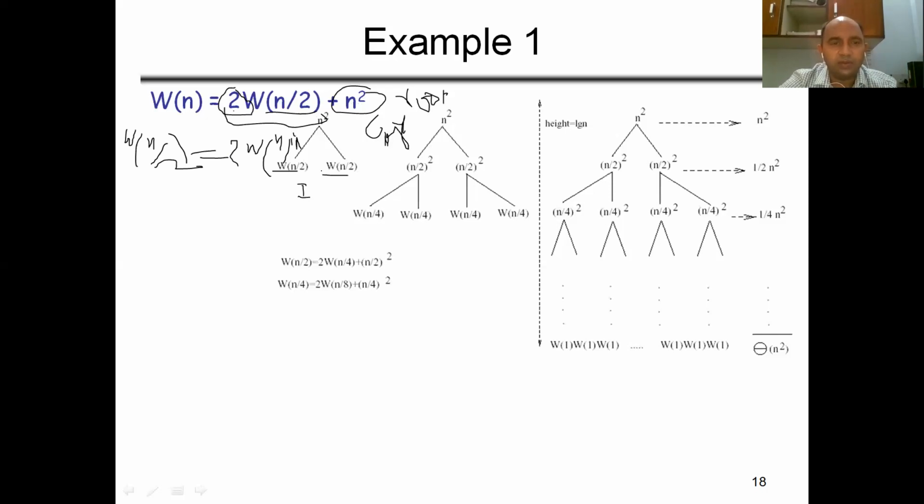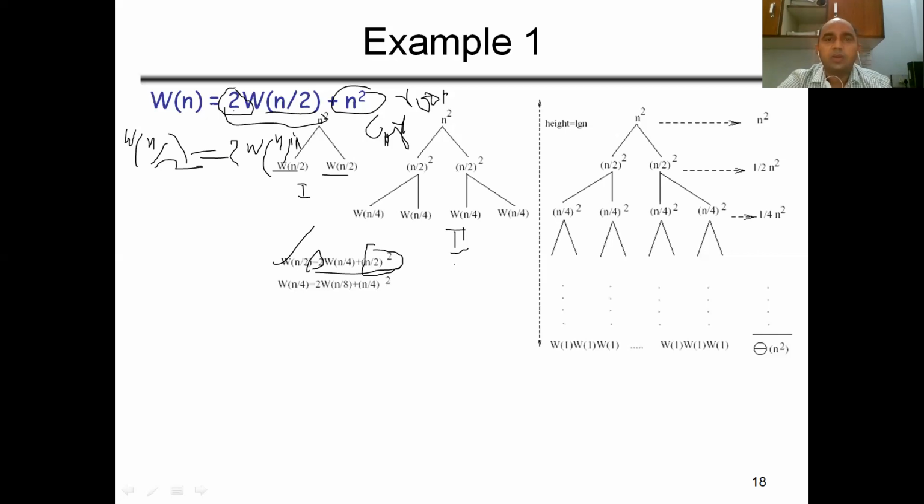So after finding the solution for W(n/2), I can write this equation. This is my root cost, and this 2 represents the number of branches. So I can draw this. This is my second step tree.